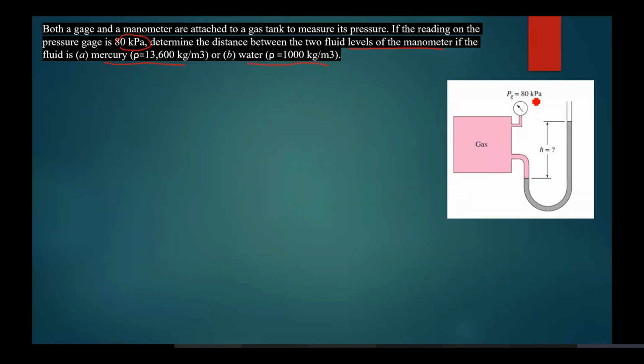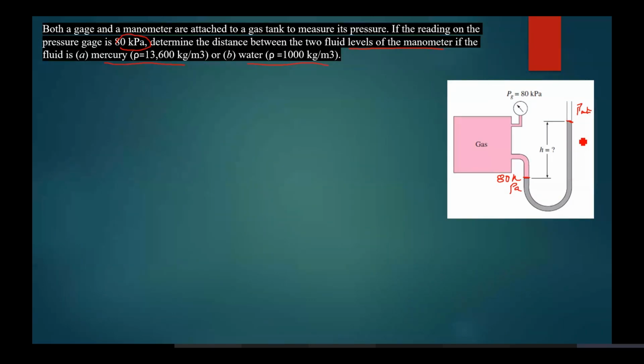So if 80 kilopascal is shown at this point, you would also have a pressure of 80 kilopascal. Remember 80 kilopascal. And at this point, you will have the pressure of P atmospheric. What is the difference between the two pressures?